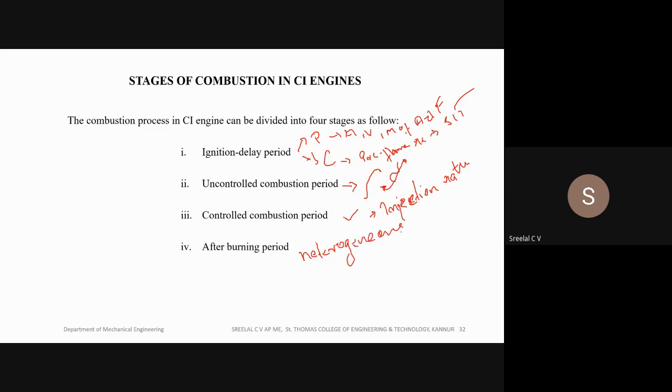There will be many unburned particles as well as partially burned particles. These unburned and partially burned particles get burned after the maximum cycle temperature is reached.